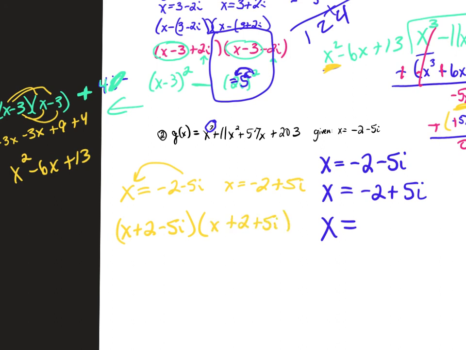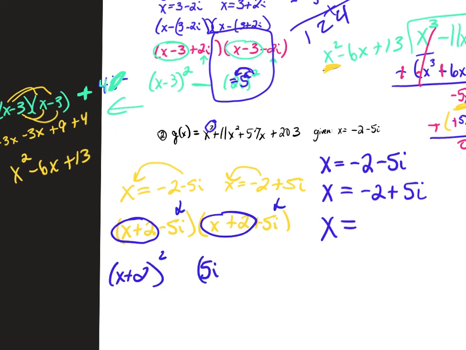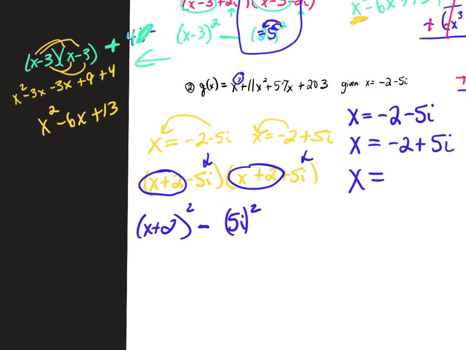I don't have to worry about distributing a negative or anything, so that's why I didn't put it in parentheses. But now I can look and I say, oh, I see. I have an x plus 2 here and an x plus 2 here. That gives me x plus 2 quantity squared. I have a 5i and a 5i, so that gives me 5i quantity squared with a minus sign in the middle because it's difference of perfect squares.